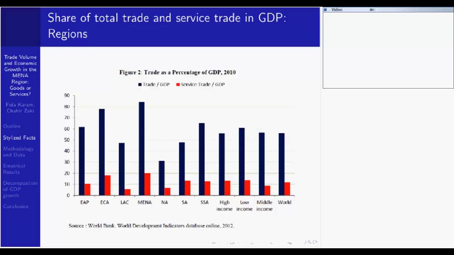For the second question, yes, investment is measured in real terms. It's the gross fixed capital formation that we computed from the World Development Indicators, and we deflated all the variables using the CPI with the base year 2005 to have real variables for all our variables.